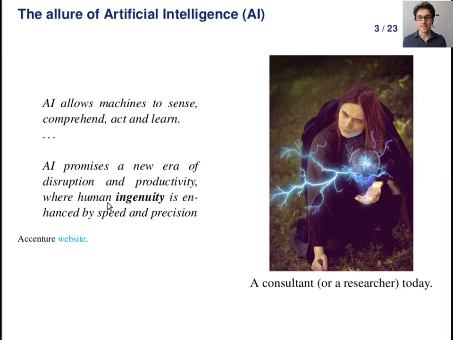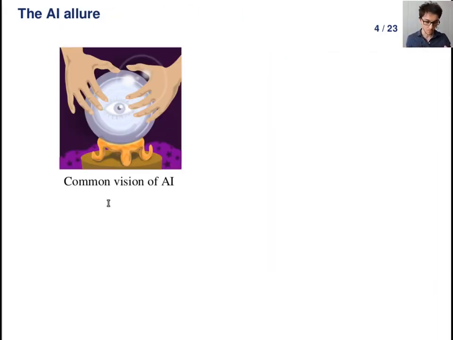They say that AI, artificial intelligence, allows machines to sense, comprehend, act and learn. AI promises a new era of disruption and productivity where human ingenuity is enhanced by speed and precision. So you see that a data scientist is sort of seen as a magician who is able to use this crystal sphere of artificial intelligence to solve any problem.